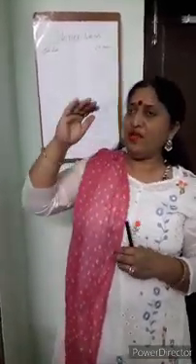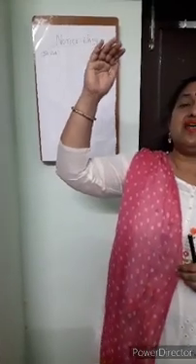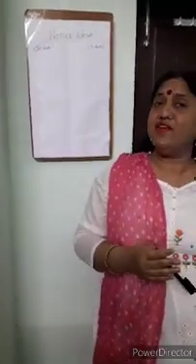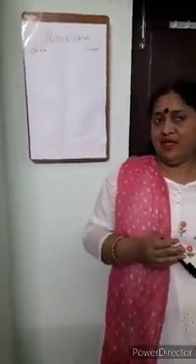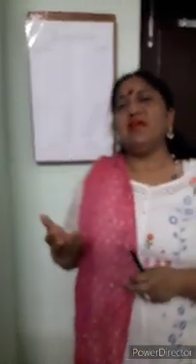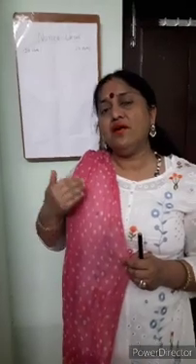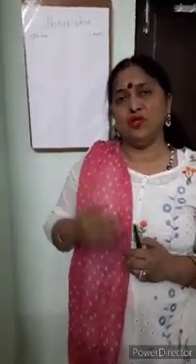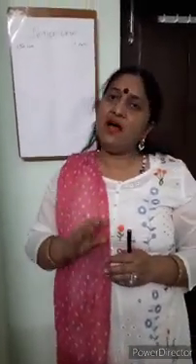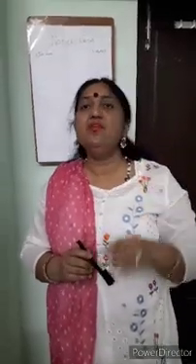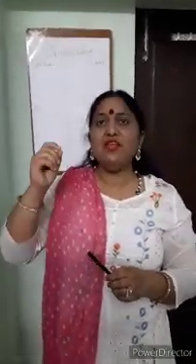See children, when you listen to the assembly announcements or anything which you hear, there is a probability that most of the things you're not able to recapitulate or remember all the while. Some of the things are in your mind, but some of them you just forget. The minute details just move out of your mind.